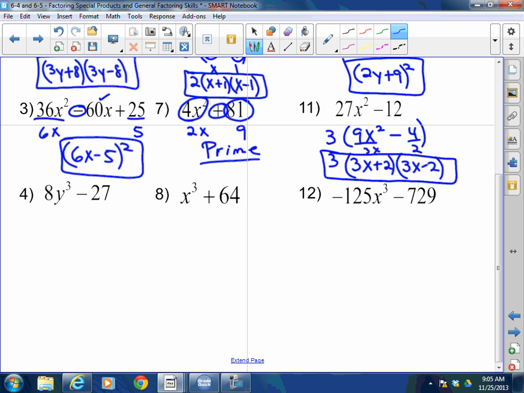Okay, now your favorites, what you were fearing. Don't fear the cubes, guys. It is easy. Is this a perfect cube? Is that a perfect cube? Okay. So let's first find my first term, a. What's the cube root of 8y cubed? 2y. That's my a. My b, what's the cube root of 27? 3.